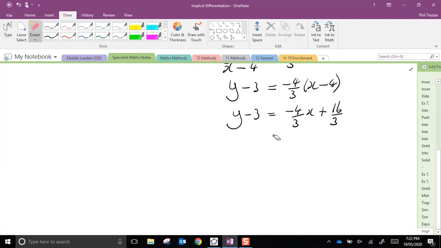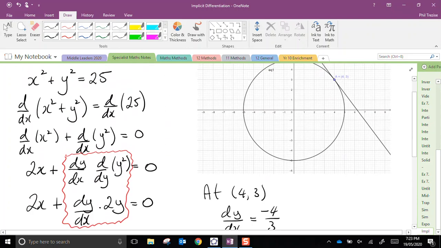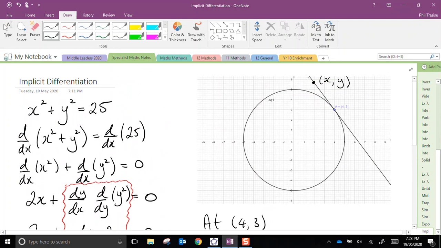I would need to add 3 to both sides. 3 is the same as 9 over 3. So I have y equals negative 4 over 3 x plus 25 over 3. That's the equation of my straight line, my tangent, which just happens to be the tangent at that point of interest which I showed.